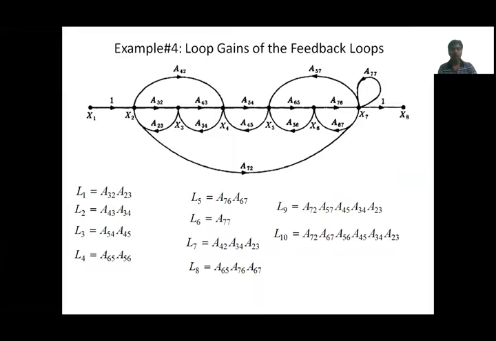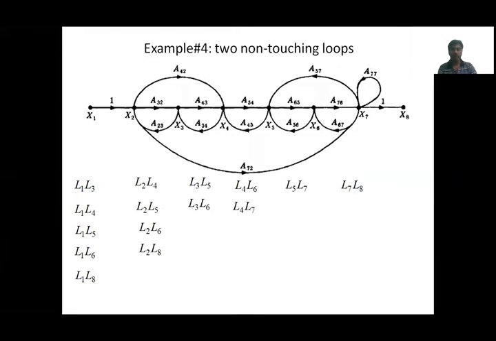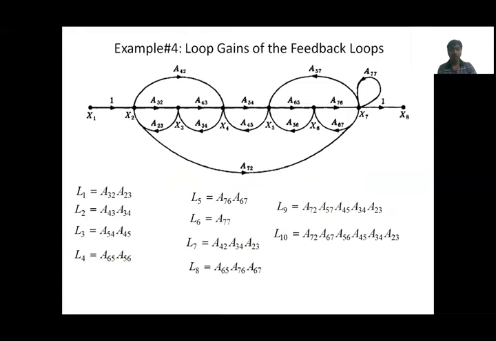Now come to the loops. This is the first loop, then second loop, third loop, fourth loop, fifth loop. Then the sixth loop is a self loop. Of course, a self loop is also a loop. Then the seventh loop goes this way and this way.